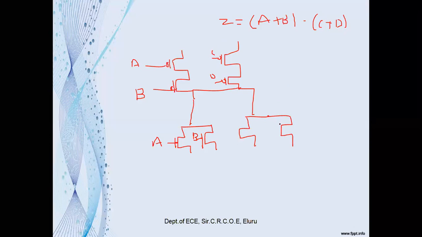So C and D. Now let's see, these are the individual A plus B and C plus D.